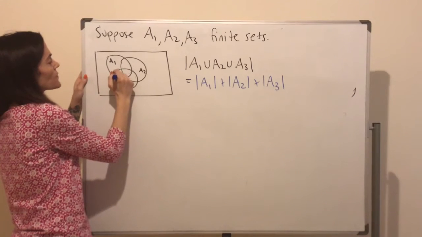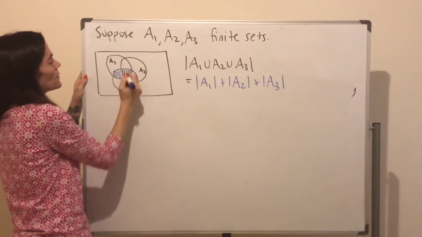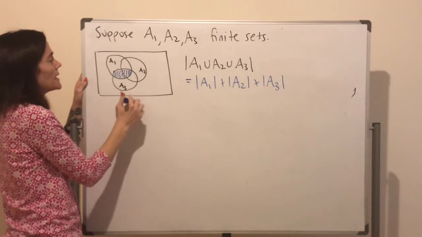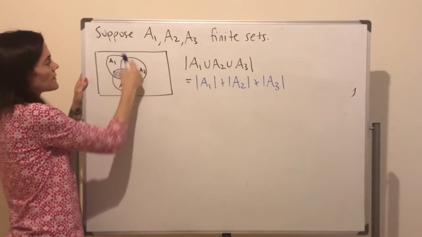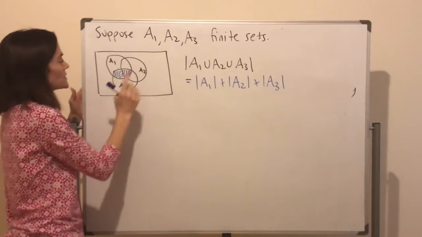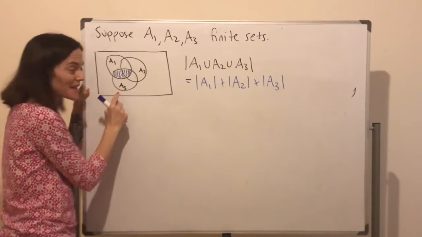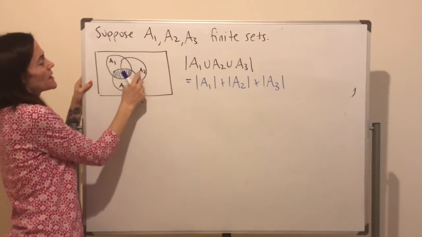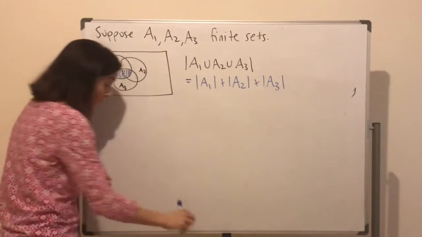So everything, for instance, in here was counted both by A1 and A2, right? And similarly, everything in the intersection of this was counted A1 and A3. I misread my index. Everything in the intersection of A1 and A2 was counted twice.